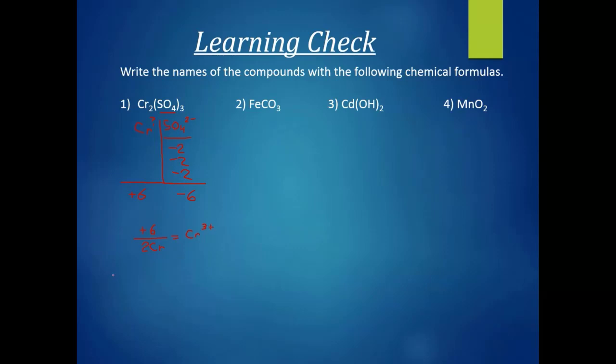And if that's the case, this is going to be chromium(III) sulfate. That's kind of similar to our example. So let's go through some of these other ones. Go ahead and take a shot at questions 2, 3, and 4.